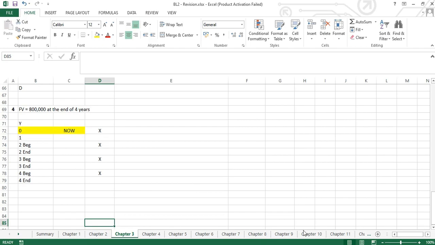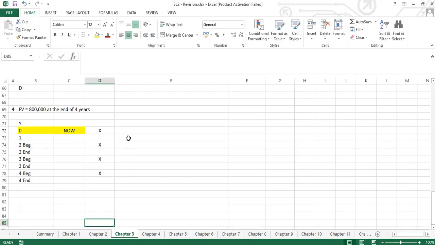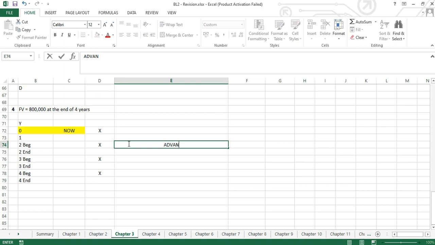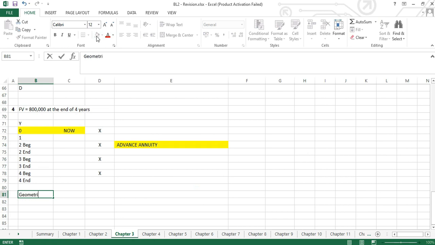When you see the words payments made at the start of each year, you must remember the term advance annuity. There is a formula to calculate an advance annuity, under the geometric expression for advance. What is it?